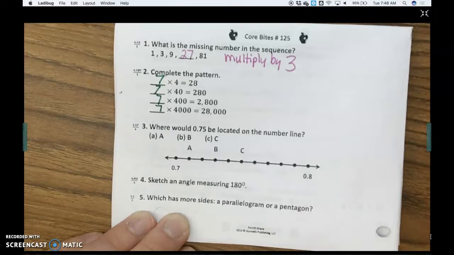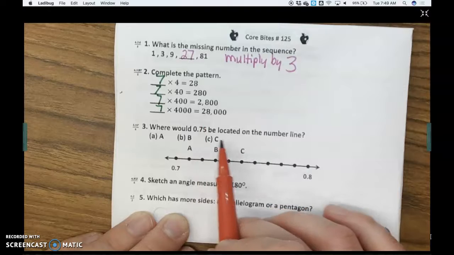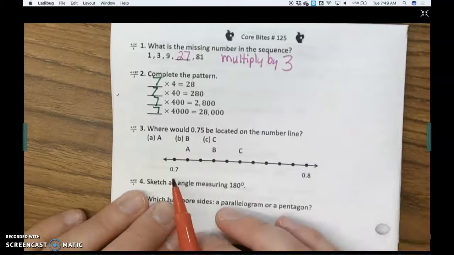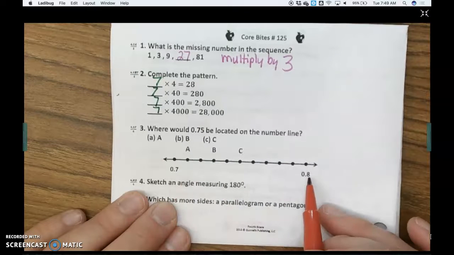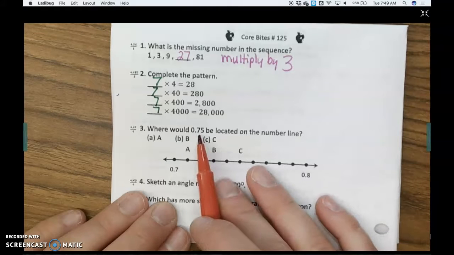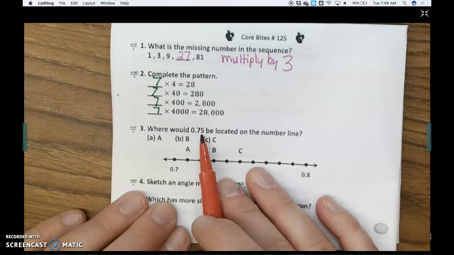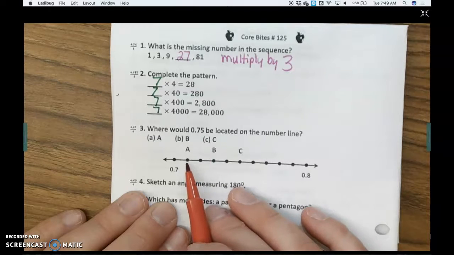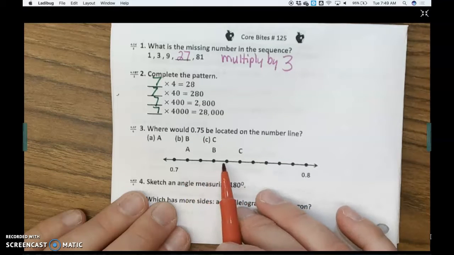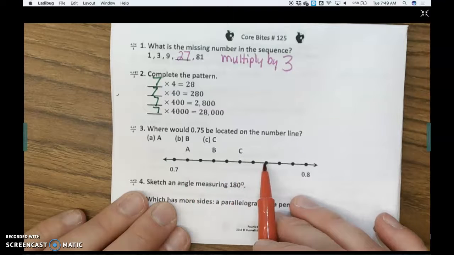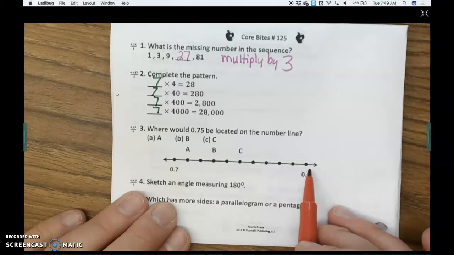For 3, we have a decimal. It says 75 hundredths. Where would 75 hundredths be located on the number line? So here we have 7 tenths. Here we have 8 tenths. Okay? So 75 hundredths is going to have to be, if you think about it, 5 is halfway between 10, right? So this 1, 2, 3, 4, 5, 6, 7, 8, 9, 10 is your new number.